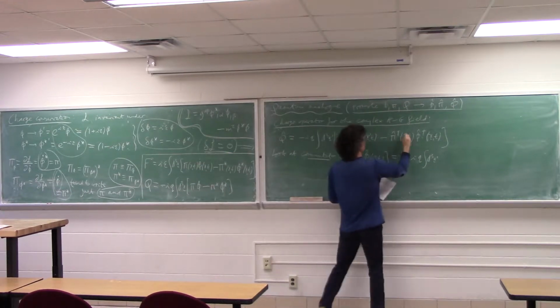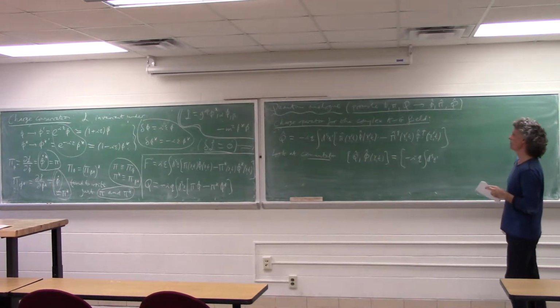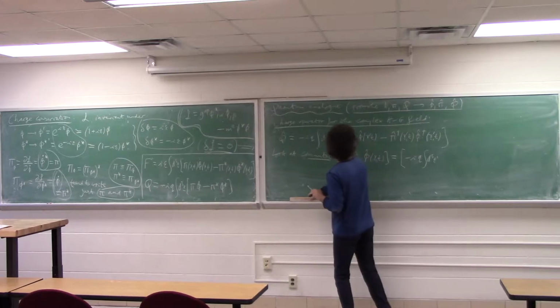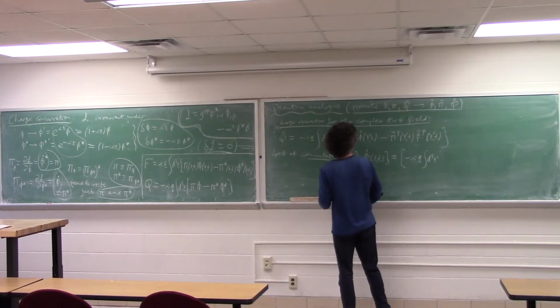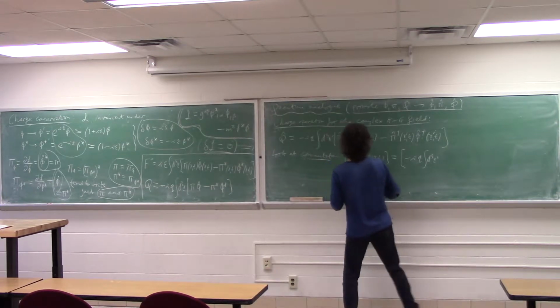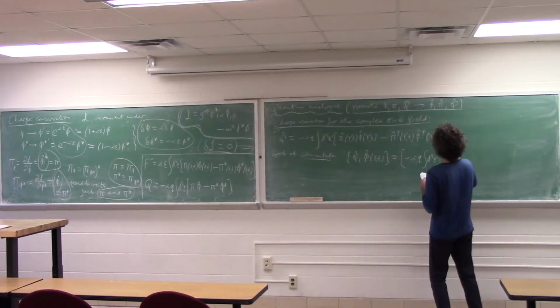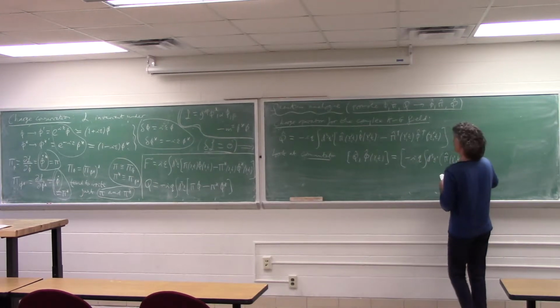We always replace these by primes. Let me write it out, and put round brackets here so you don't get confused with the commutator.